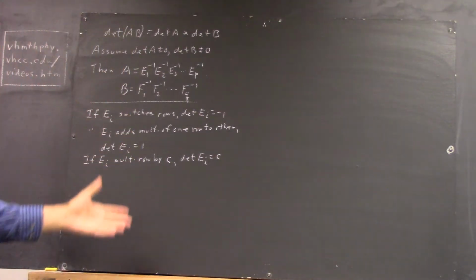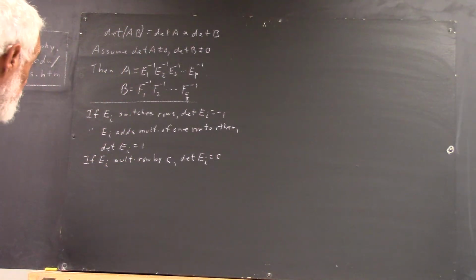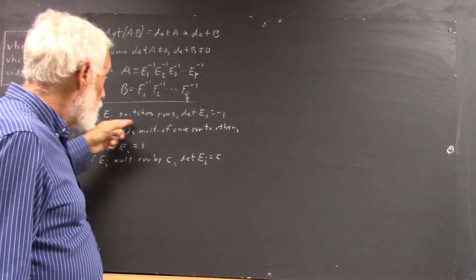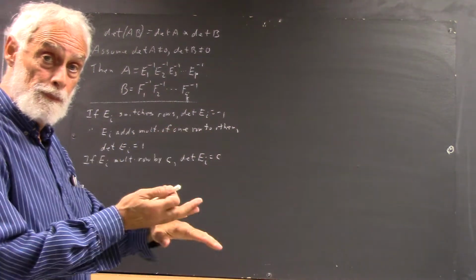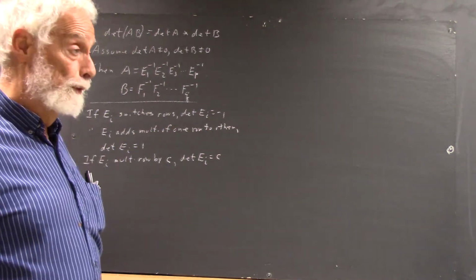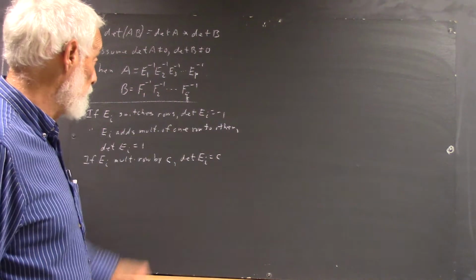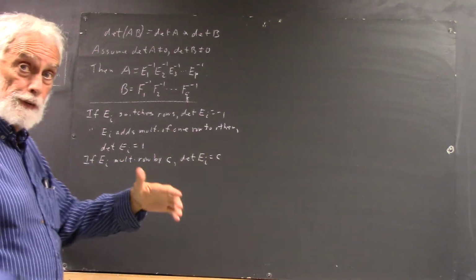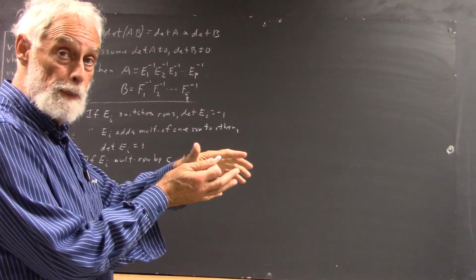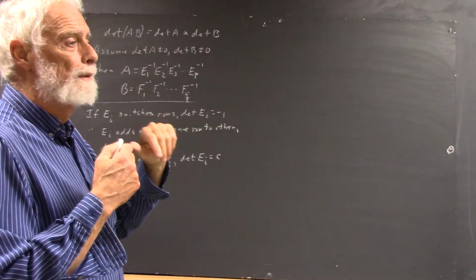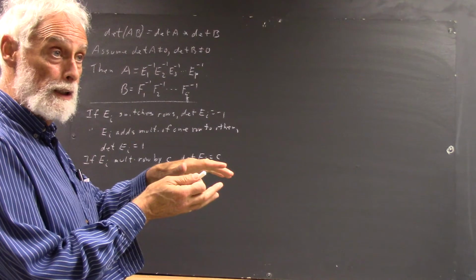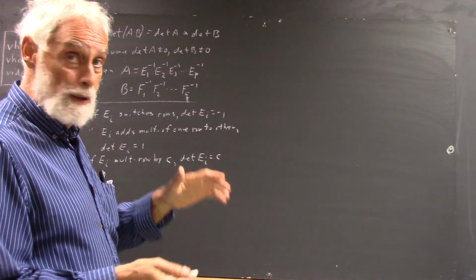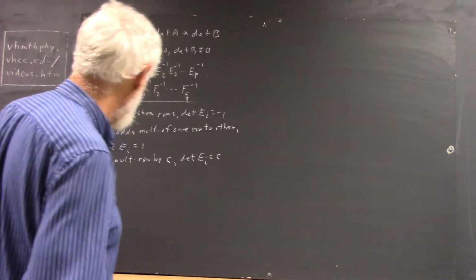And this is easily proven. Take any identity matrix and switch two rows, find the determinant of the resulting matrix, it's going to be -1. Adding multiples of one row to another, just add any multiple of any row of the identity matrix to another, the determinant is not going to change.